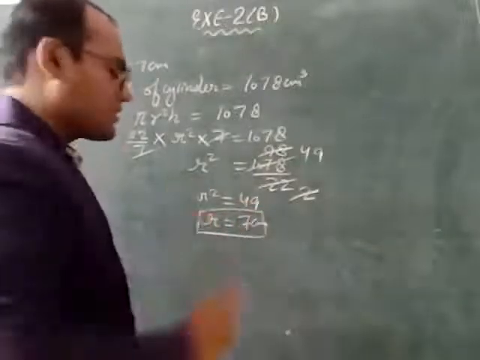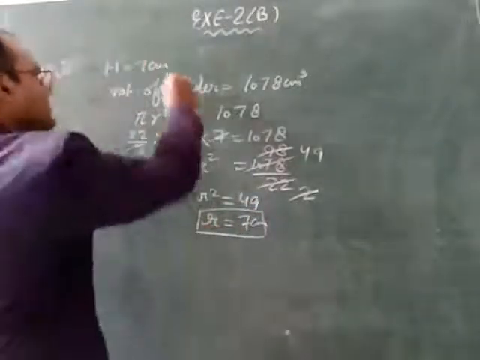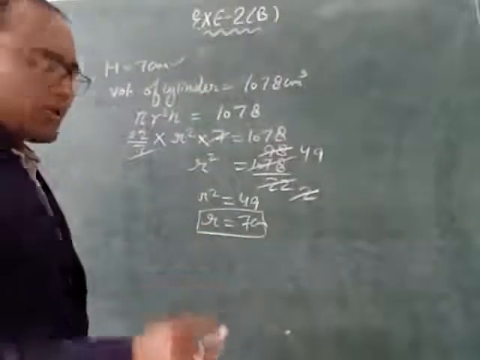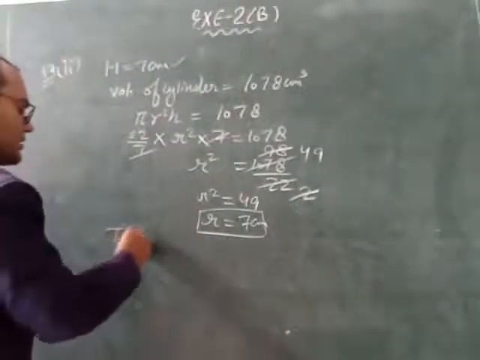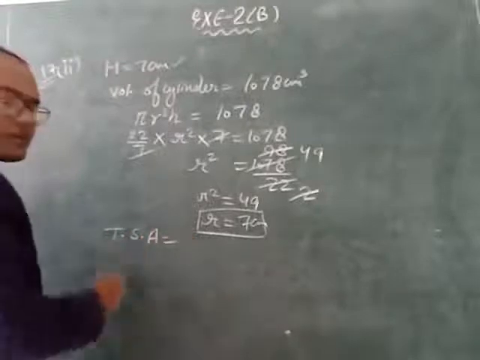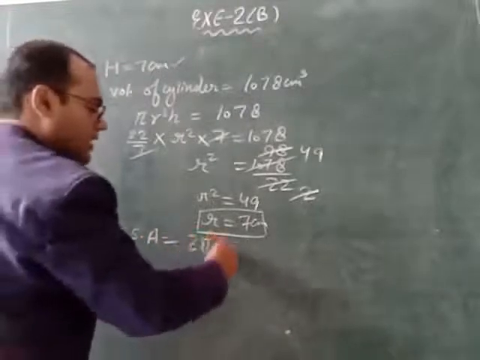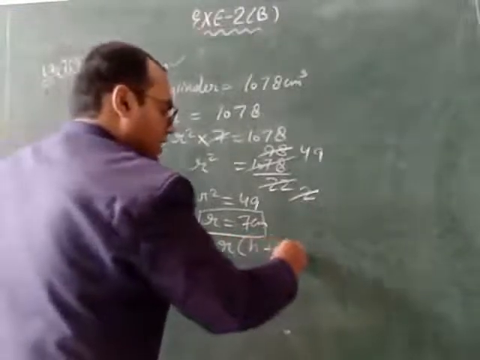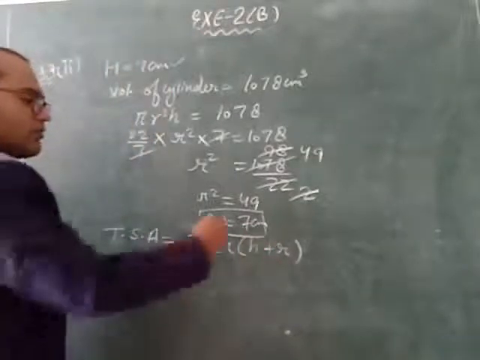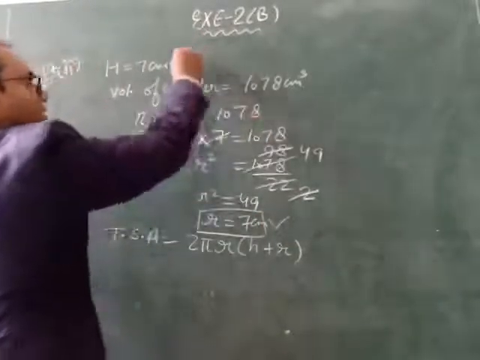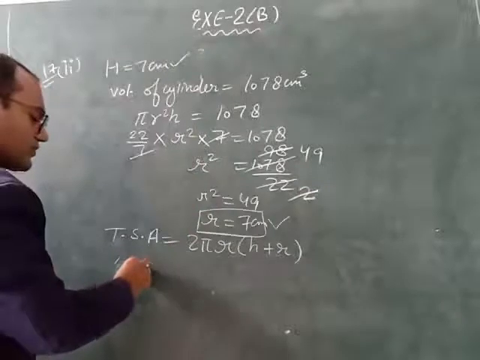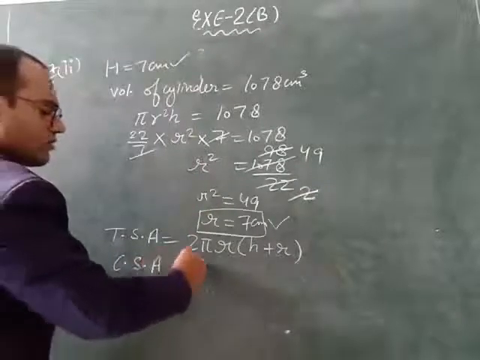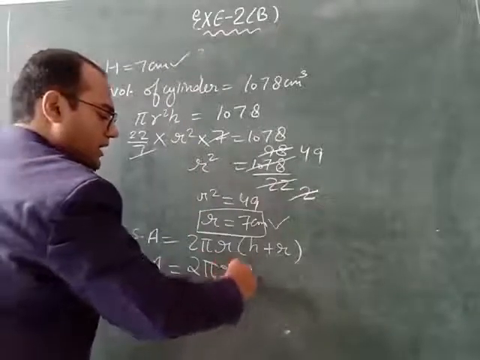Now with the help of this radius and height, we have to find the total surface area and curved surface area. The total surface area formula is 2 pi r (h plus r). In this formula we will put the r value as well as the h value, and when we find the curved surface area we have to use the formula 2 pi r h.